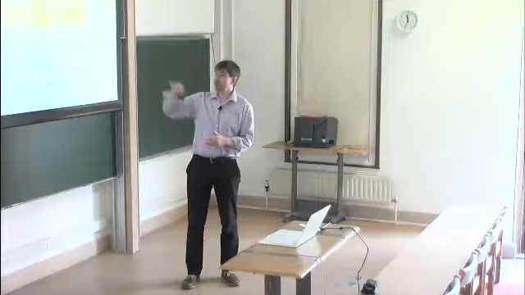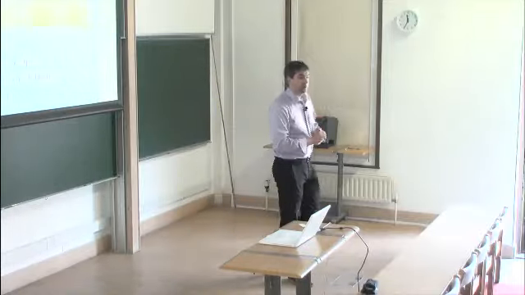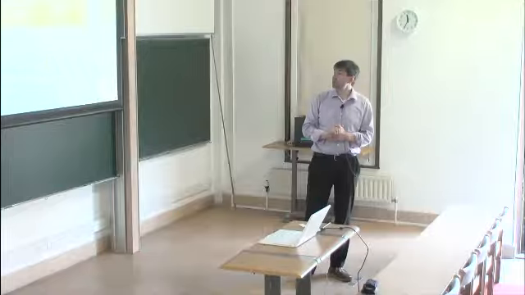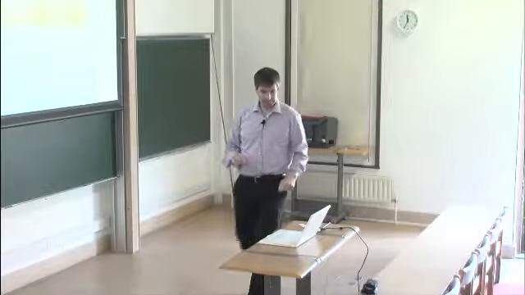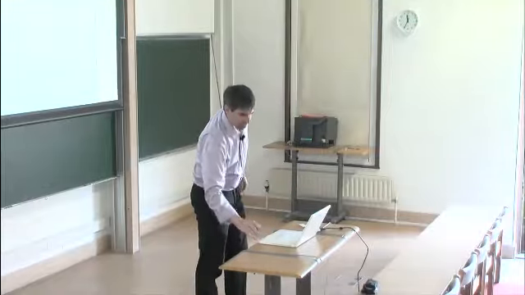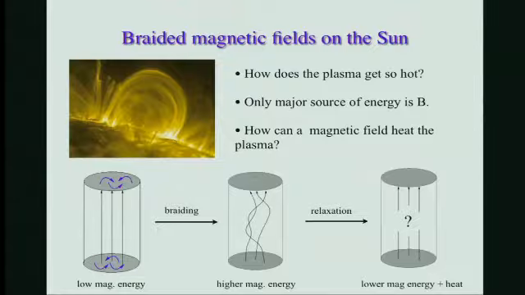The surface of the sun has a temperature of about 6,000 Kelvin. The coronal loops have temperatures of 1 to 2 million Kelvin. So this is our motivation. We look at one of these loops and we ask the question, how does this loop become so hot?